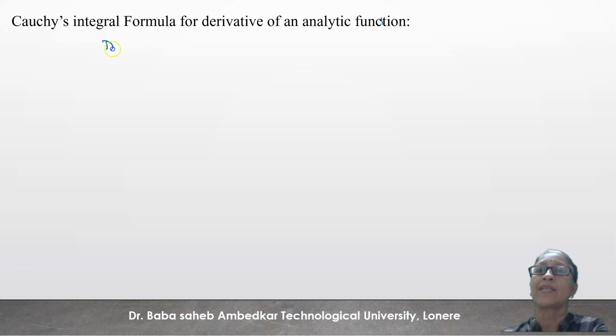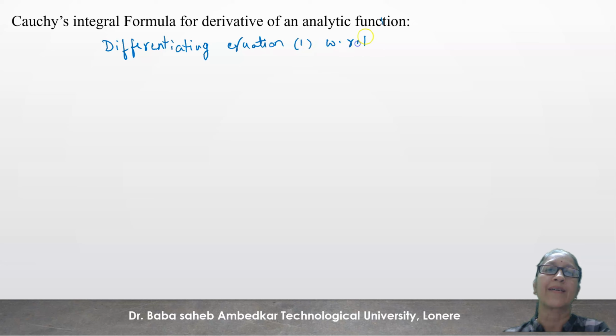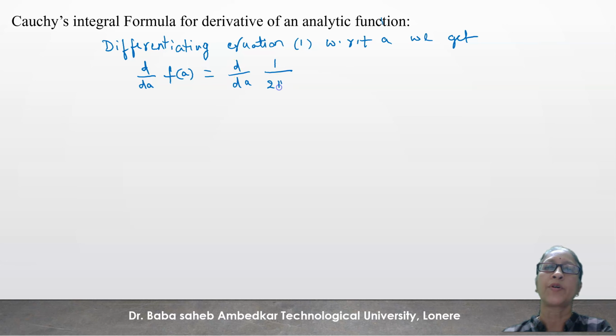So here, differentiating equation 1 with respect to a, we get d by da of f(a) equal to d by da of 1 upon 2 pi i contour integration of f(z) by z minus a dz.